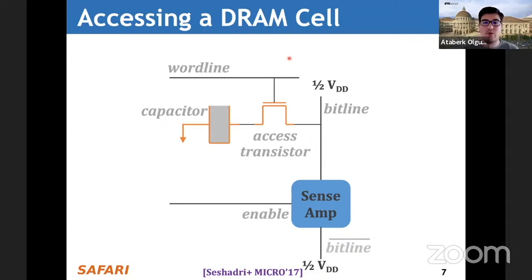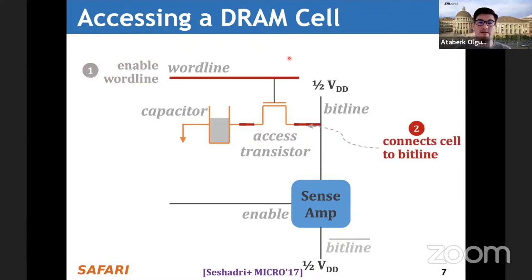Initially, both the access transistor and the sense amplifier are disabled, and both ends of the sense amplifier are maintained at half VDD. In this example, the capacitor is fully charged. To access the cell, we first enable the word line, and this will connect the capacitor to the bit line. Now, since the capacitor is connected to the bit line, it will start to lose charge.